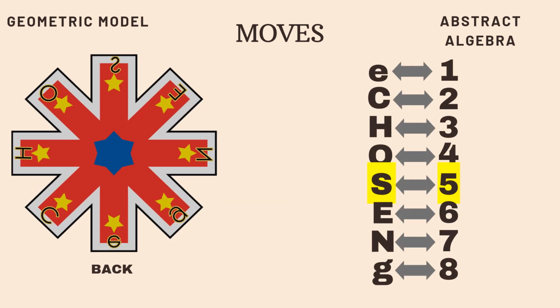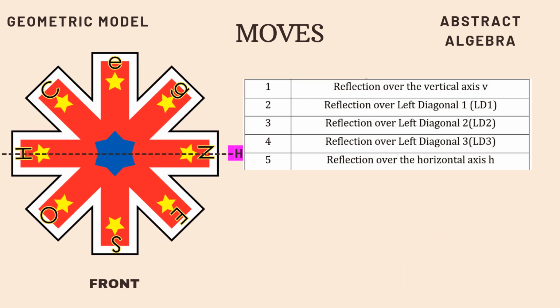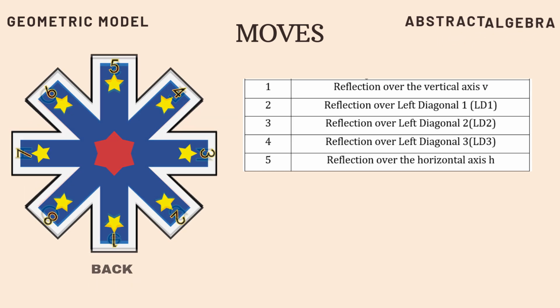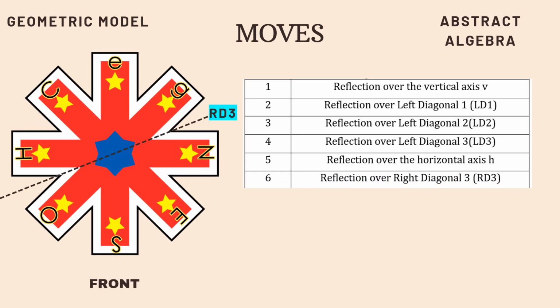Since S maps to 5, then the reflection over the horizontal axis H is 5. Next, we have the reflection over right diagonal 3, or RD3.